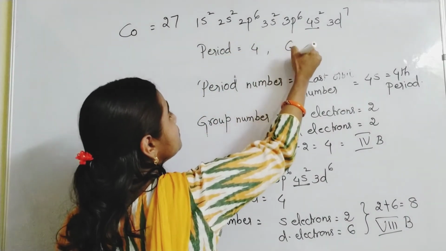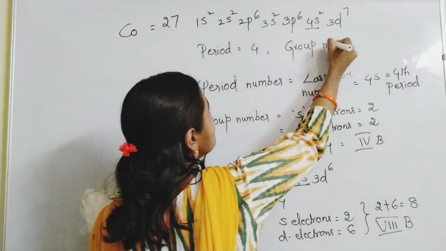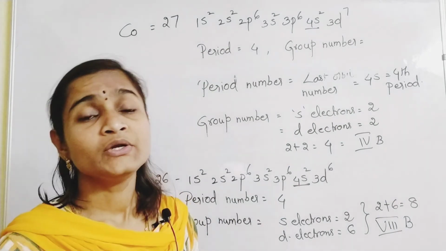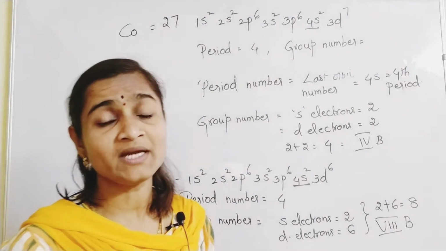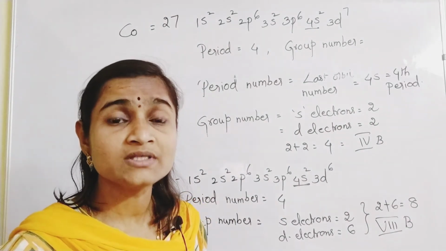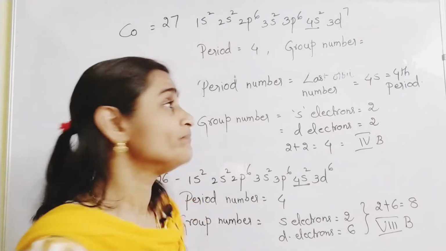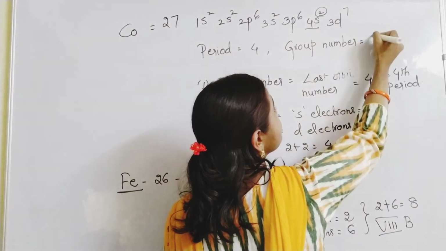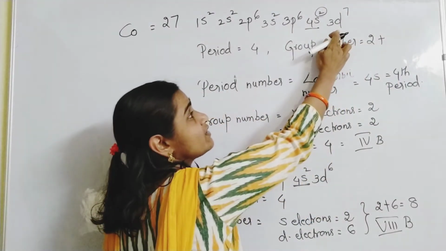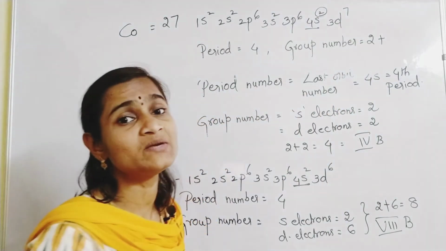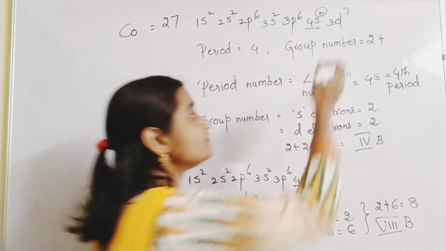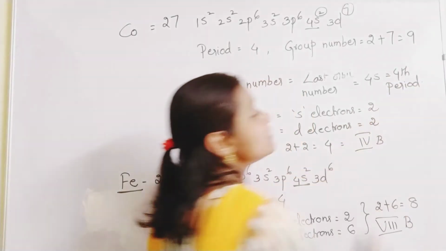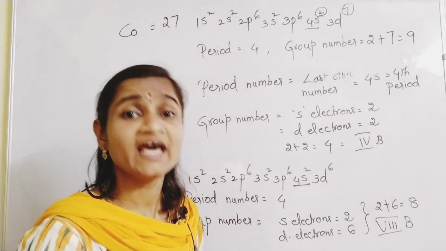Now coming to group number. Group number is to add s electrons of last orbit and d electrons of last but one shell. Here s electrons are 2, plus d electrons of last but one shell, which is 3d, are 7. 2 plus 7, you are getting 9.